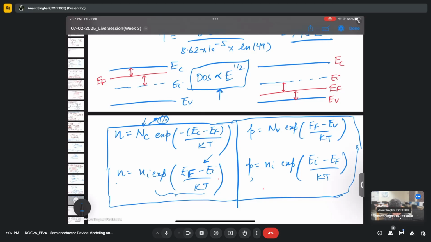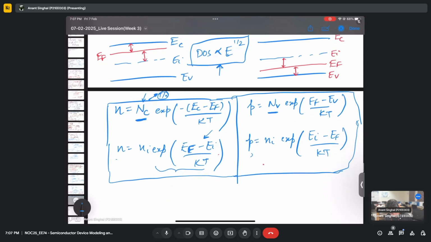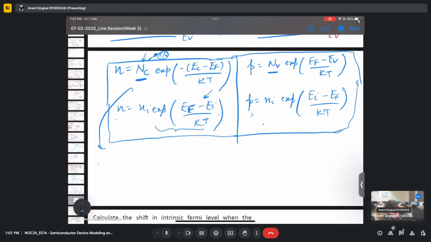This is what we call the effective density of states for the conduction band, and this is for the valence band. The range is around 10 to the power 19 for this, and the range of Ni is around 10 to the power 10, and N is less than NC.